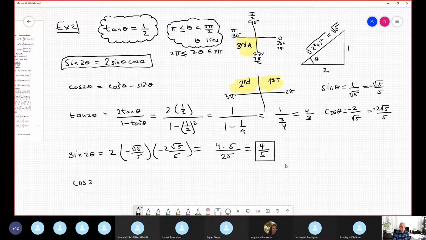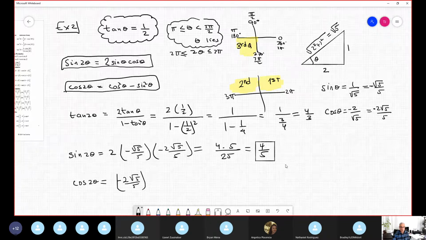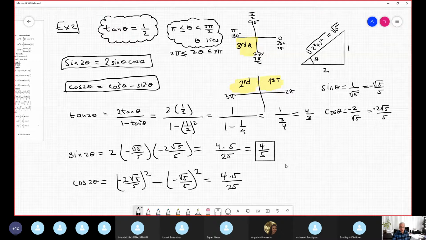Now cosine double angle. The formula is cosine squared minus sine squared. Cosine squared is this guy, negative 2 radical 5 over 5 squared, minus negative radical 5 over 5 squared. This is positive: 2 squared is 4 times 5 over 25, because 5 squared is 25, and the square root and the square power cancel each other, minus 5 over 25.